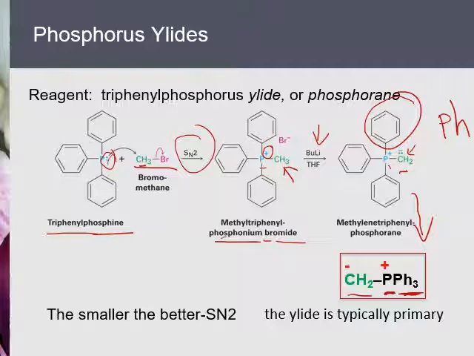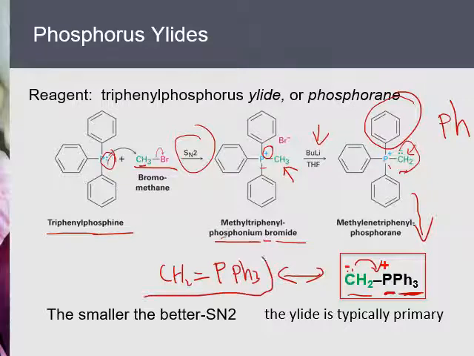So CH2 is this one with a negative charge. Now the carbon has a lone pair of electrons, and we can also draw a resonance structure. So this can go here, and the resonance structure can be written as a double bond between carbon and phosphorus with the triphenyl.